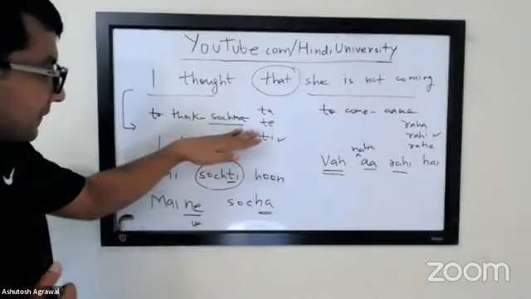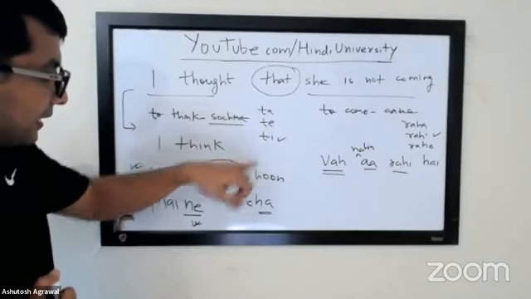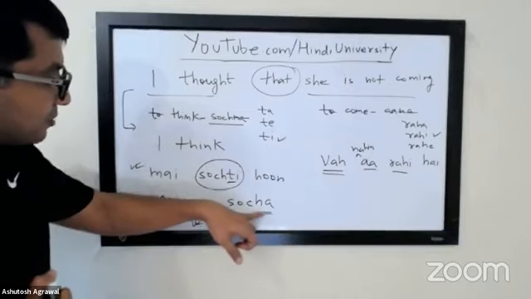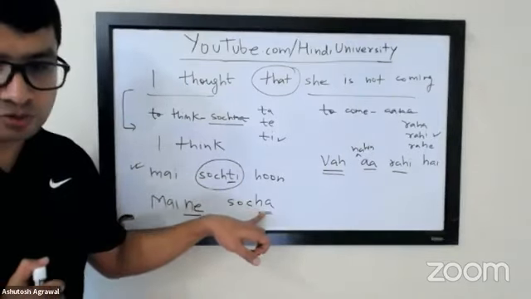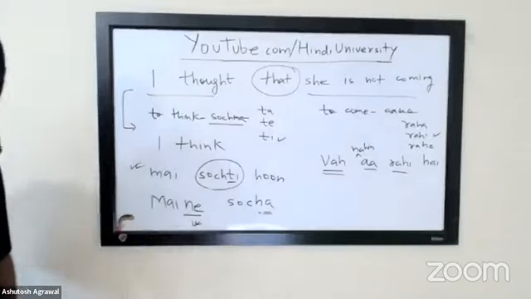So the underlying verb is sochna. For present tense, it's ta, ti, and te. For past, you remove the na and use the past form, which is socha. Okay, I understand. Is that Jade? Yes, Jade. See, I know your voice now, so I'm getting there.